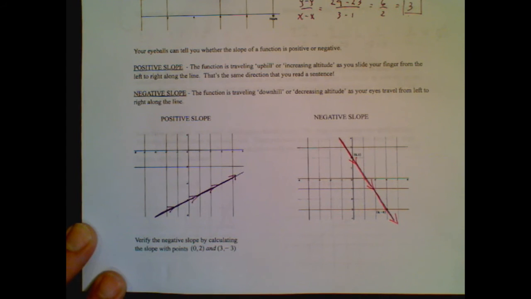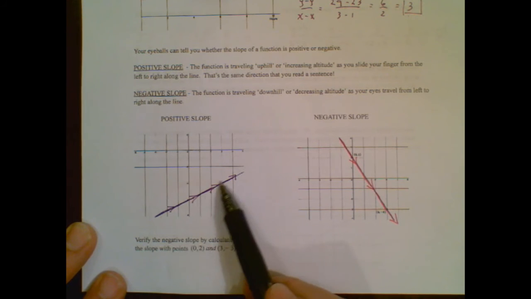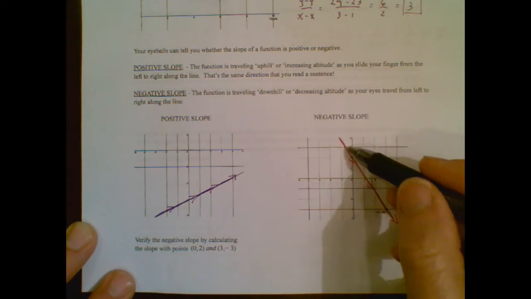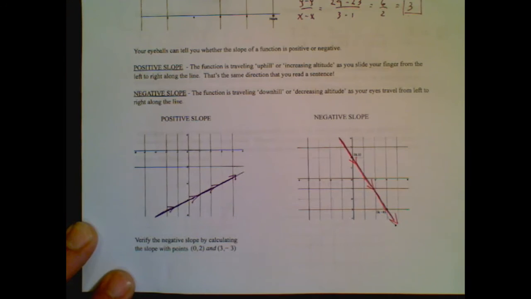Another shortcut you have for slope calculations is you should be able to tell just by looking at a graph whether the final slope answer is positive or negative. This line's going uphill, so it's a positive slope. This line is going downhill, so my answer for slope would be negative.